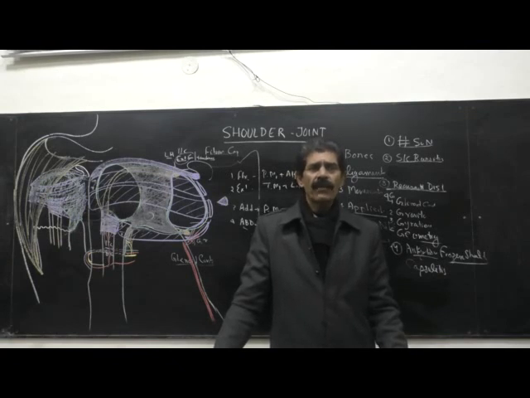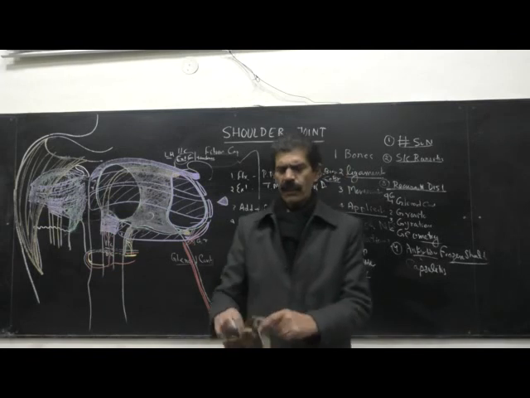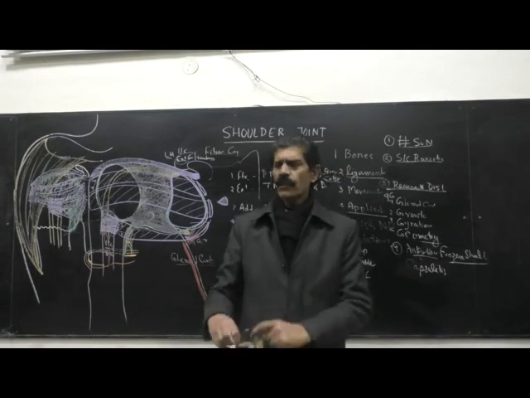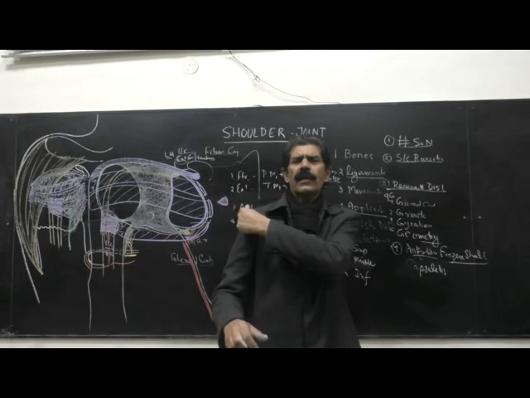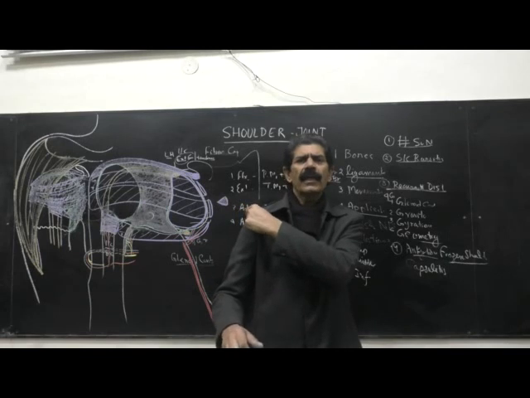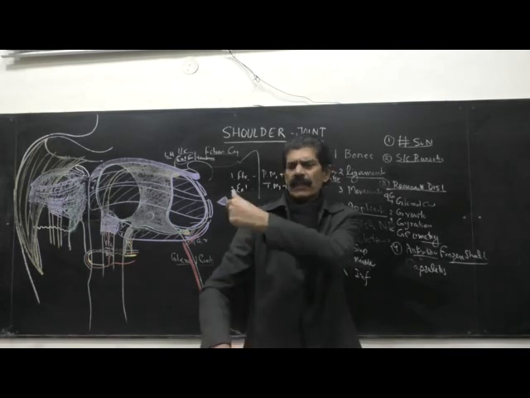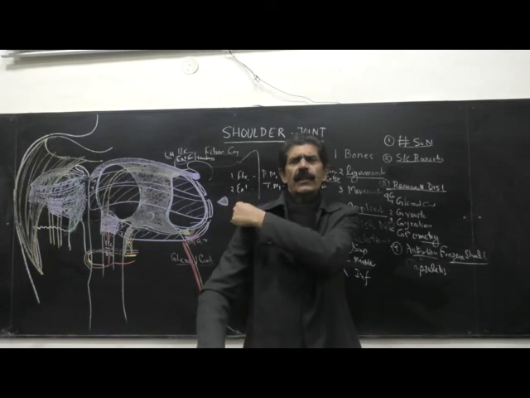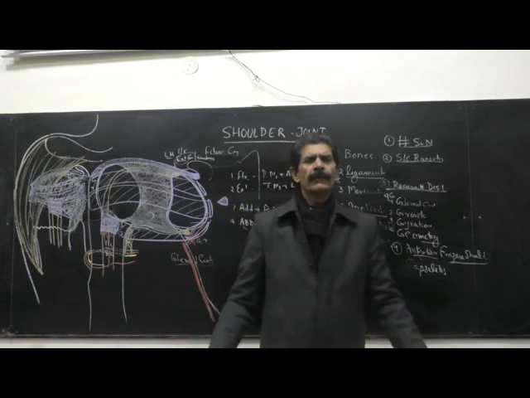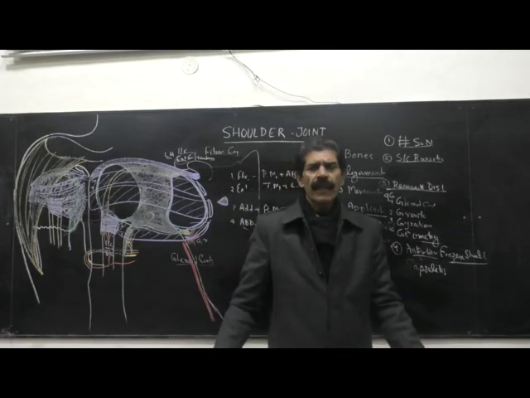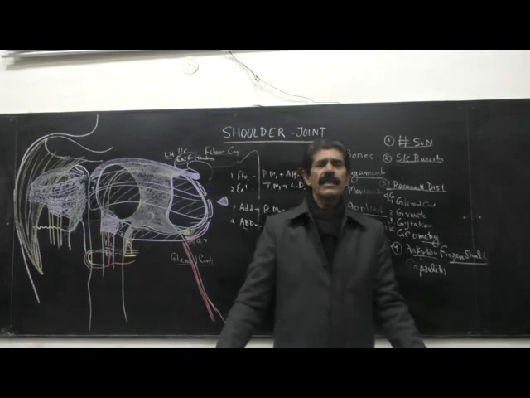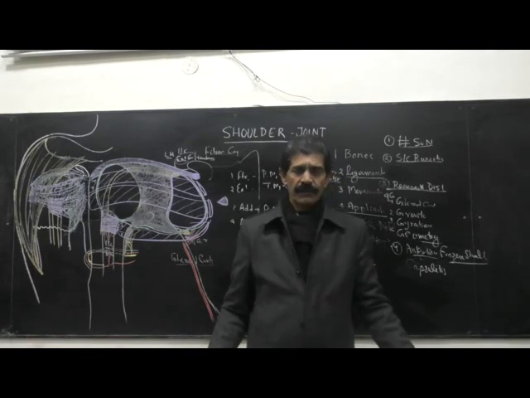these three injections we combine together and put just below the tip of the acromion. It is very easy to inject intra-articularly, with full antiseptic conditions to be observed. We put the injection syringe just below the tip of the acromion, so it goes directly into the joint cavity and the capsulitis is treated.